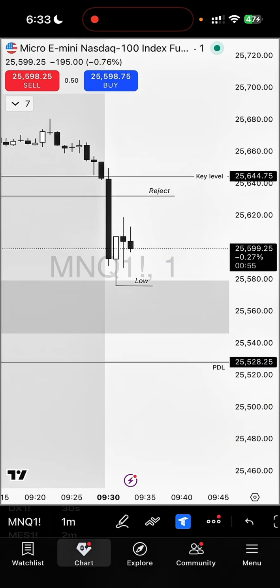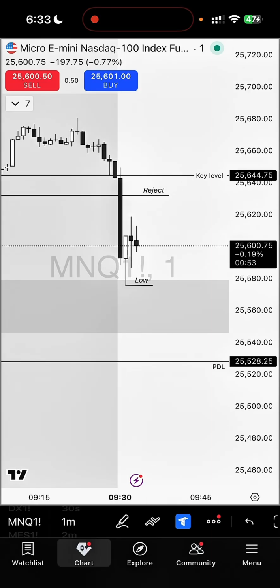So that's how we do it. Now we have levels and everything. We just wait for confirmation, and after that we take our trades.